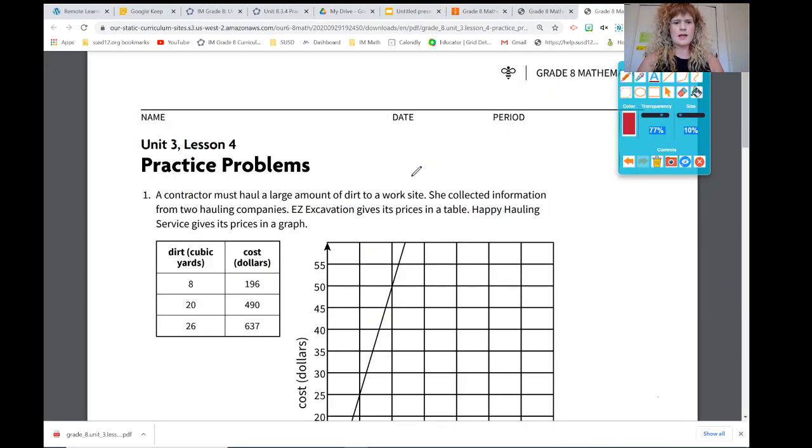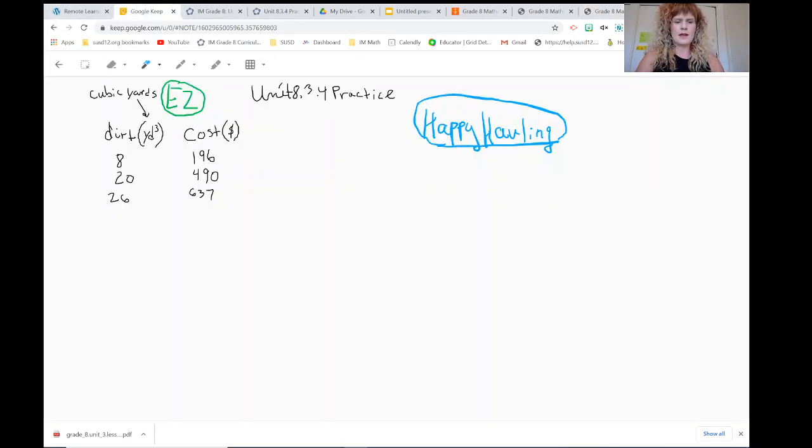So here is the same problem. You know what? I don't want to use that. I'm sorry. Let me use this. Here is the same problem. This is the same lesson. Here is Easy Hauling Company, and here is Happy Hauling Company, the same as in your GeoGebra assignment.